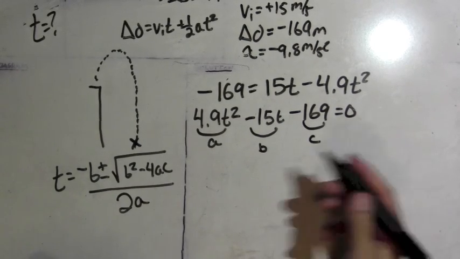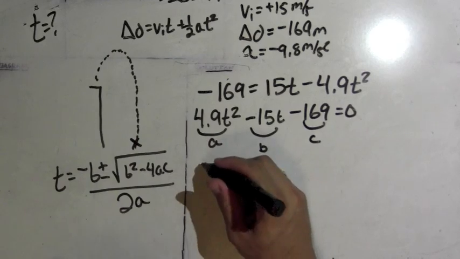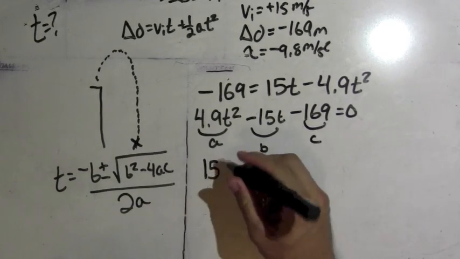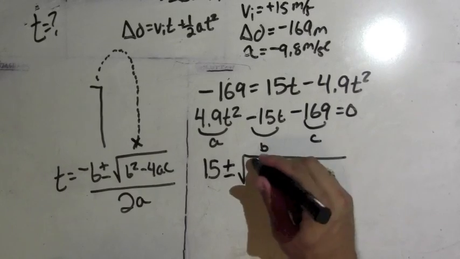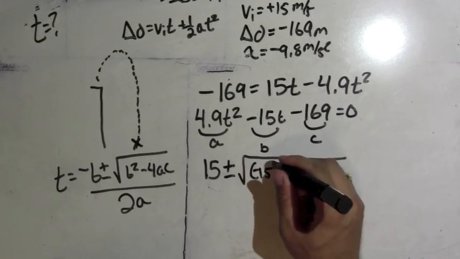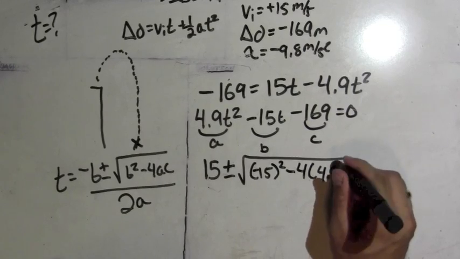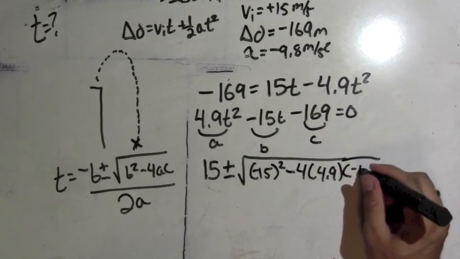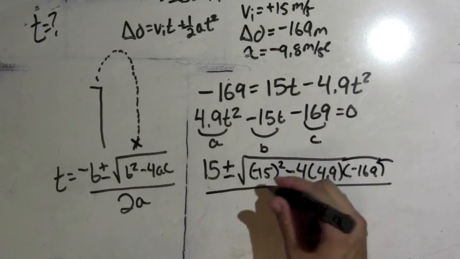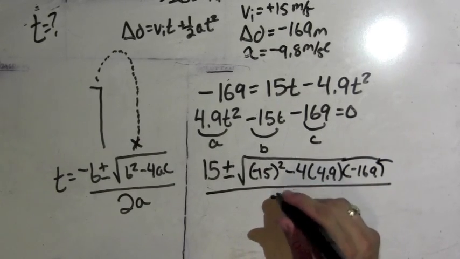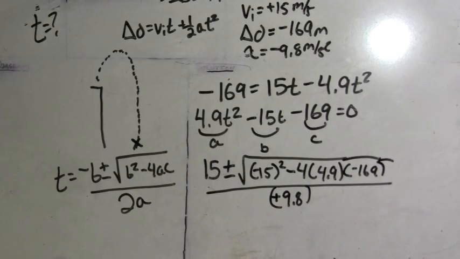So the first term is negative b. Well, negative of negative 15 would be positive 15. So positive 15 plus or minus the square root of negative 15 squared, minus 4 times 4.9 times negative 169, and all of that divided by positive 9.8, which is 2a.